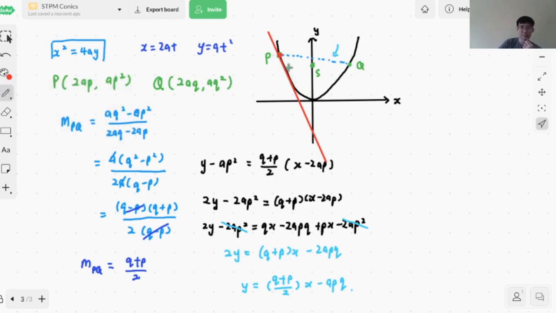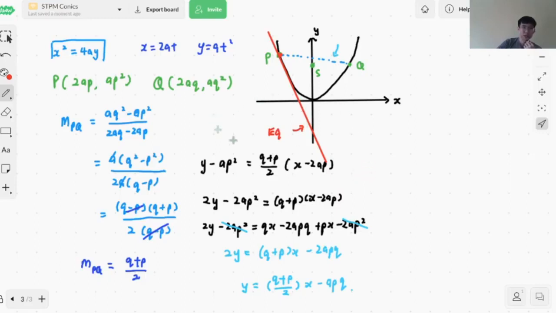Don't think about this part, because maybe my curve is not so nice, so it might not be so good for imagination. But just remember, the tangent is at P. So now I am trying to find this tangent equation. Finding the tangent equation is actually very easy.